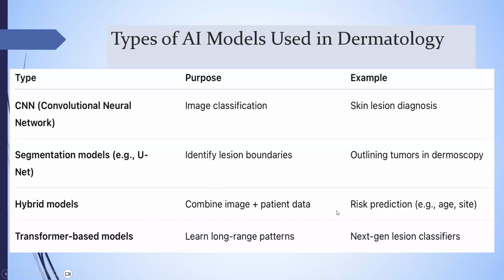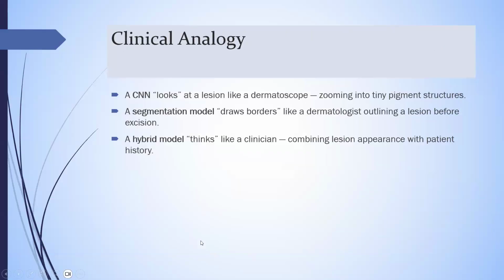Say this person, age 70 years, has this lesion here. This doesn't look like a malignancy, but I can give a risk prediction of so much percentage that it can change into malignancy given other parameters. So that is a hybrid model. And then a transformer based model is the next generation level, which learns long range patterns.